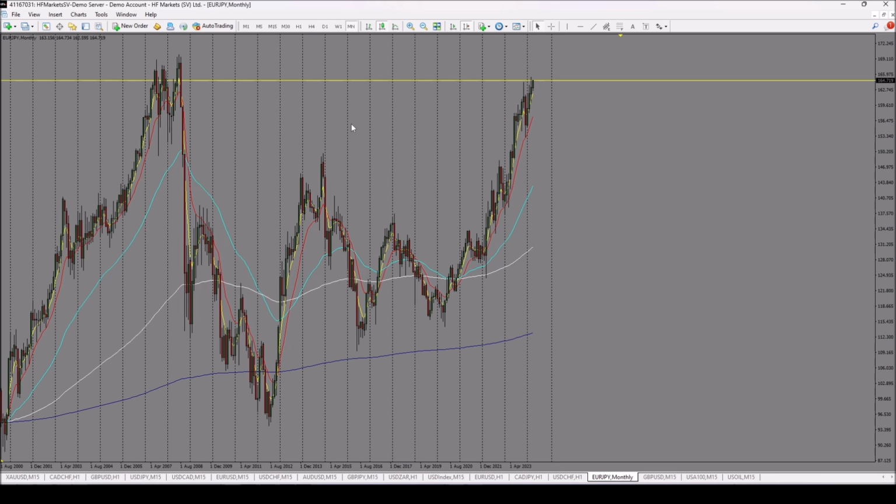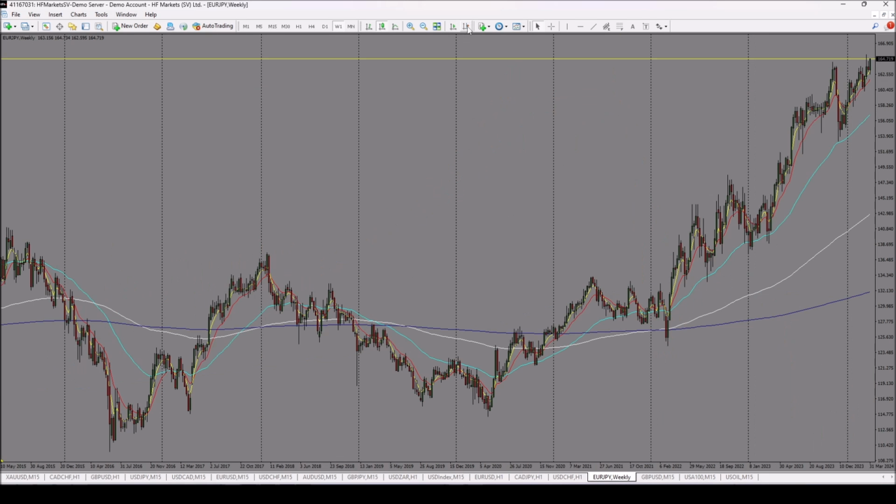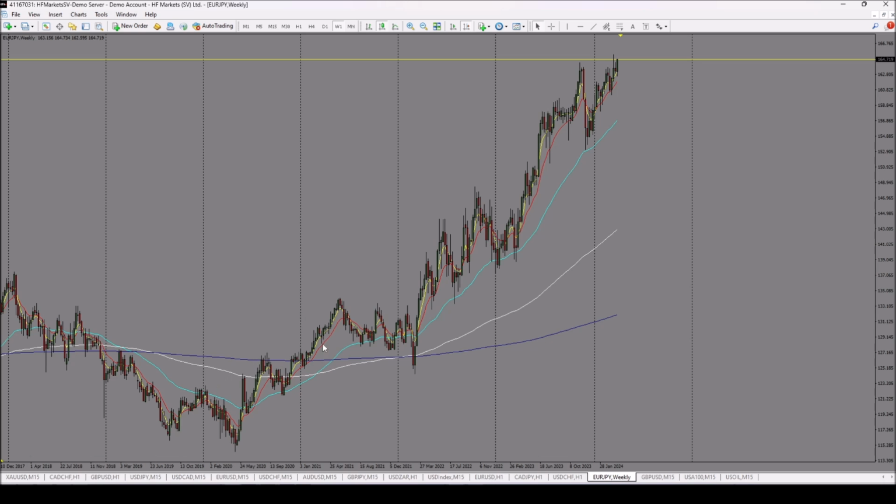I love to have a look on the higher time frame and then go down to the weekly time frame. On the weekly time frame, we can see the market has been going to the upside for quite a long period of time. In that particular case, there are significant points that we can see within our flow. We can see that the market actually made a pullback here.